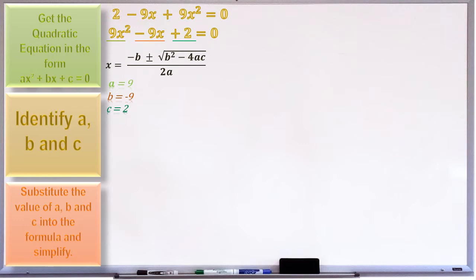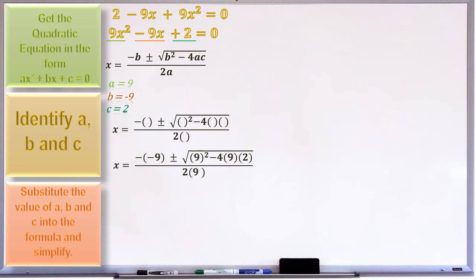Third step, substitute the value of a, b, and c into the formula and simplify your answer. So let's use the formula. Next, substitute the value of a, b, and c. b is equal to negative 9, so negative 9.